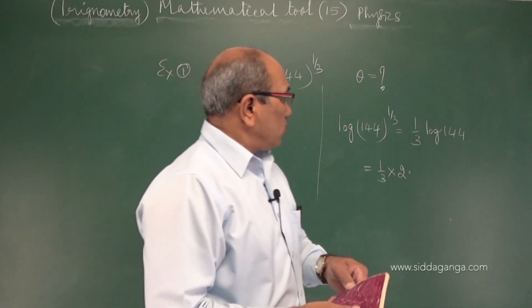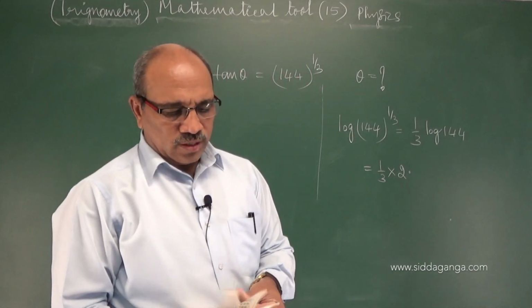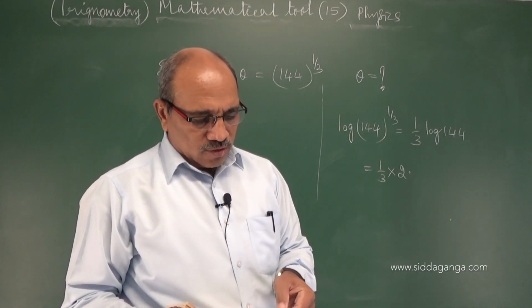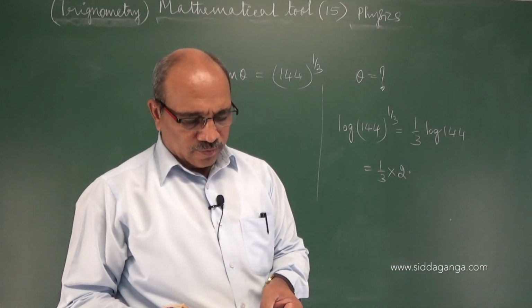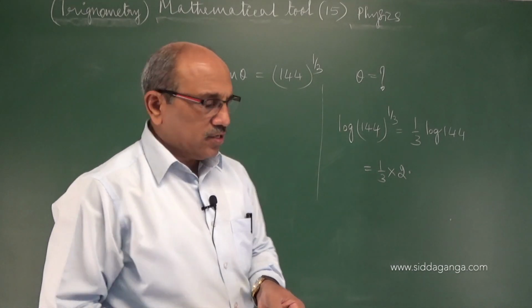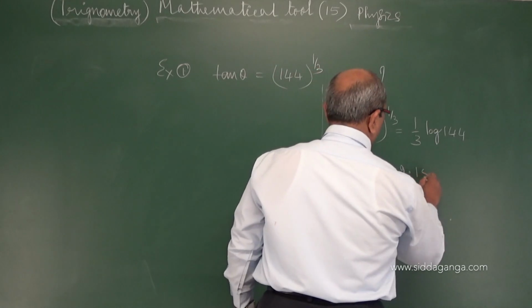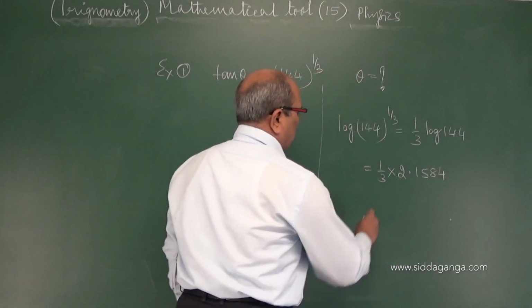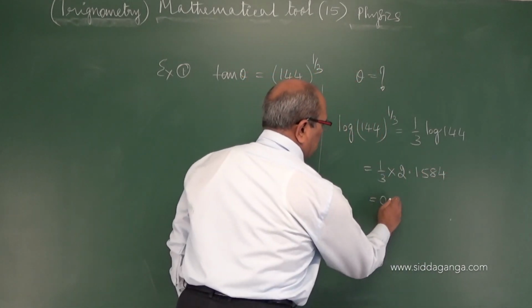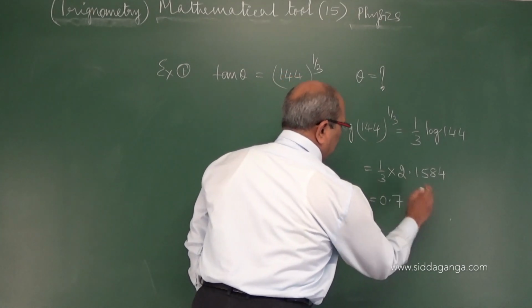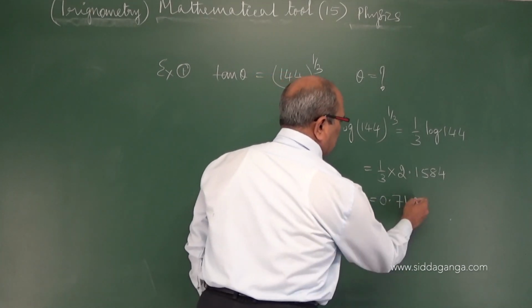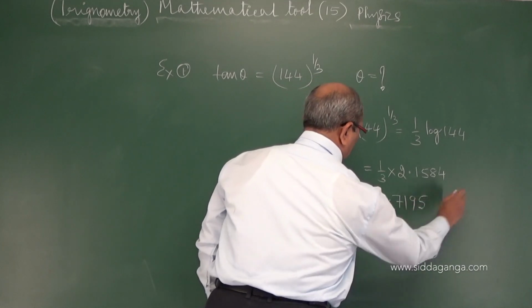In the logbook we have to go for 144, that means natural log 14.4. 14.4 is 1584. If you divide by 3, 0.3 sevens are 21, 3 ones are 3, almost 5 times.